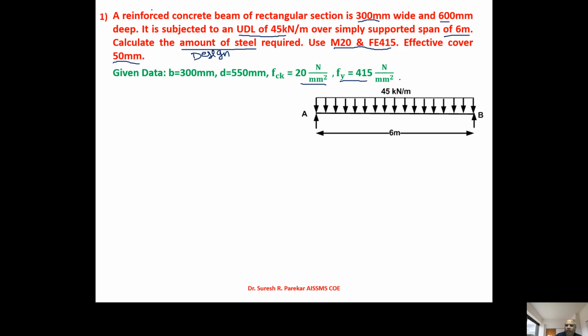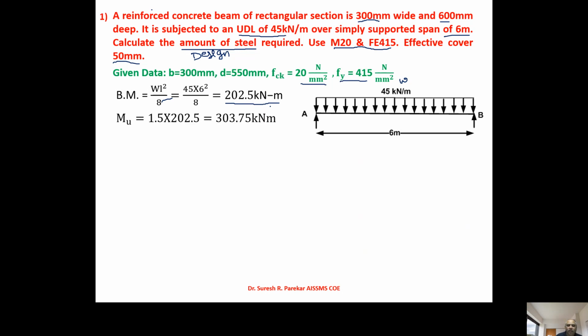So we have taken working load, and then we will make the moment factored. For a simply supported beam the bending moment is wl square by 8, 45 into 6 square by 8, 202.5 kilonewton meter. This is the working moment. Now what will be the ultimate? We have to multiply it by 1.5, and that gives us the ultimate moment as 303.75 kilonewton meter.